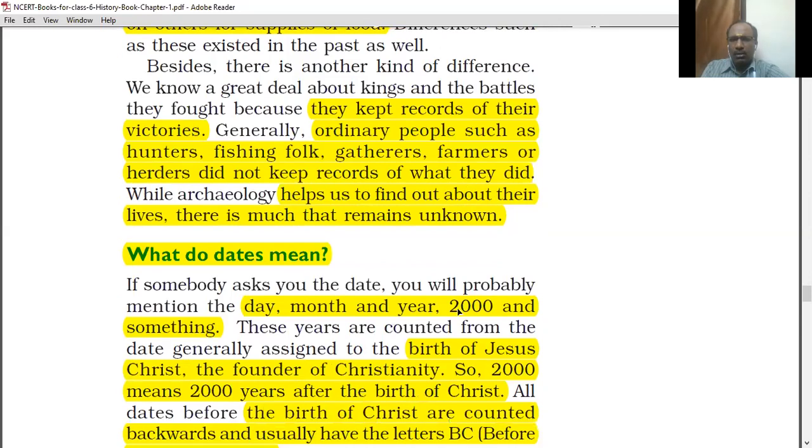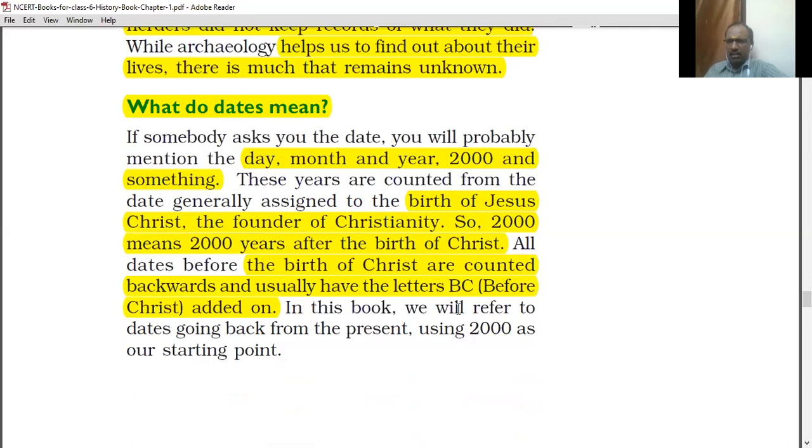Coming to what dates mean. Dates, definitely today's dates, we see 2020. When we say AD, we can add it, for example, 15 or 16 April 2020 AD.